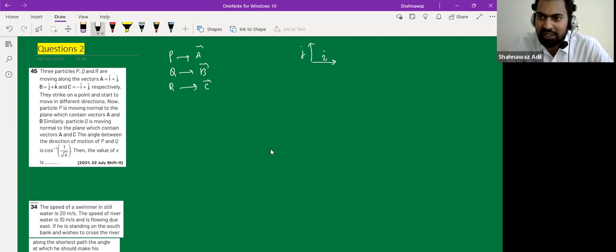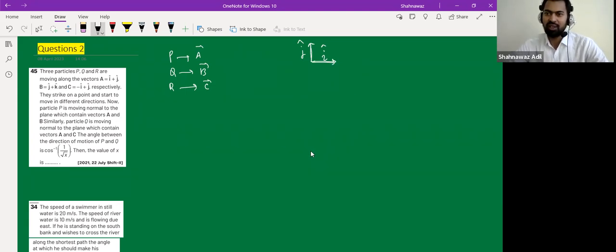Do you guys remember? So can you tell me what will be the vector which is both perpendicular to i hat and j hat? What is a vector which is both perpendicular to i and j?